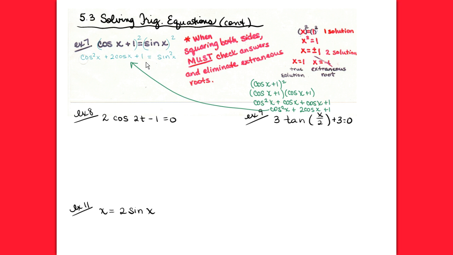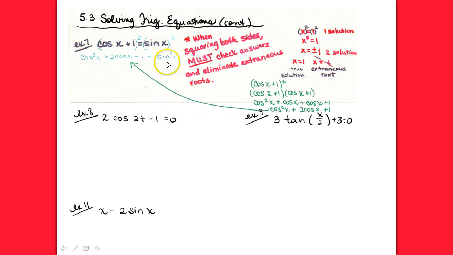Now I'll be able to replace either the cosine squared or the sine squared and have everything in terms of the same trig function. So I want to choose carefully here. If I replace cosine, I won't remedy my problem. Because if I replace cosine with its trig identity, I'm still going to have a cosine over here, right?